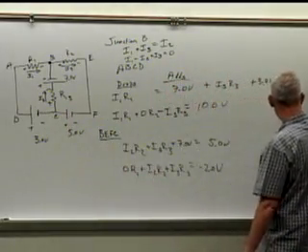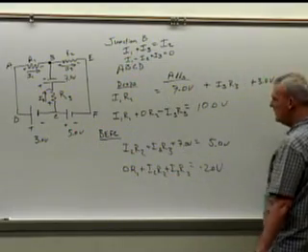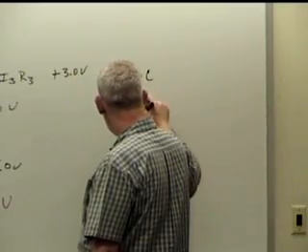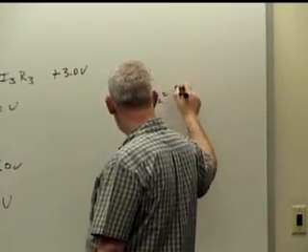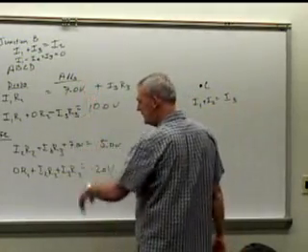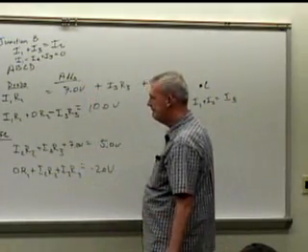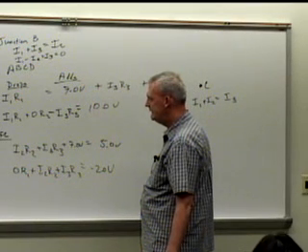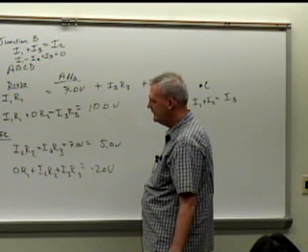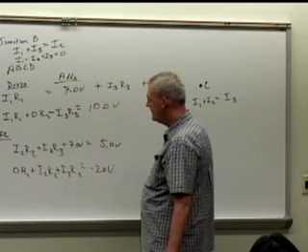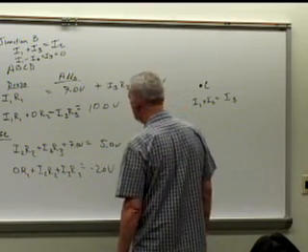So at junction C, you've got I1 plus I2 equals I3, which does not equal that. So what did I do wrong here? Because those two should be the same.